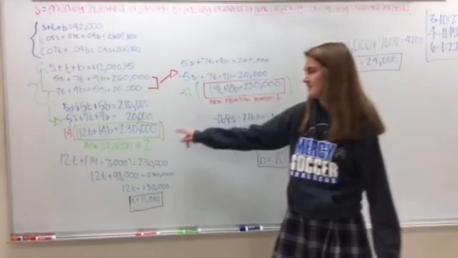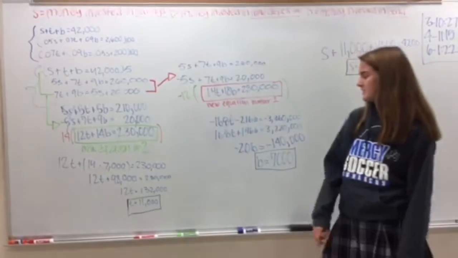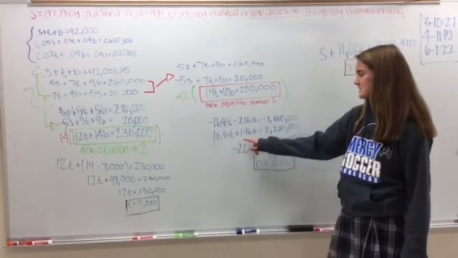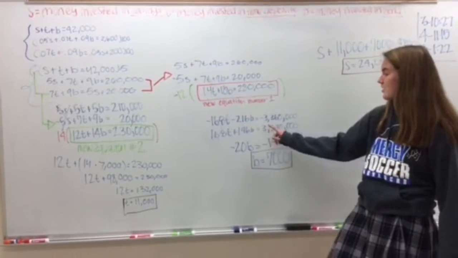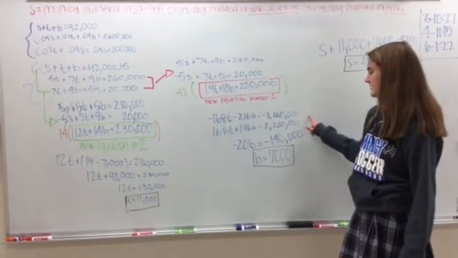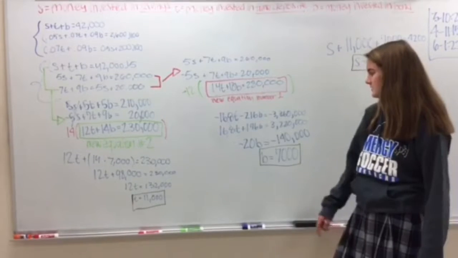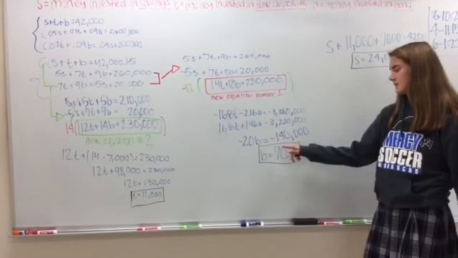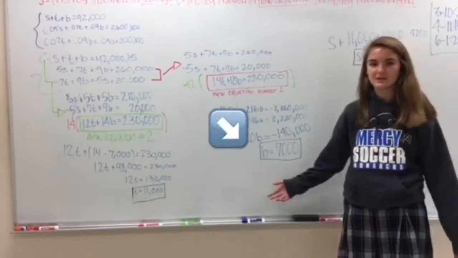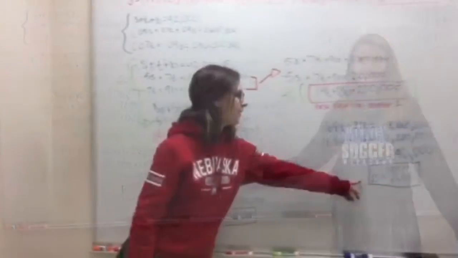And then this equation, when we multiply it by 14, we got 168t plus 196b equals 3,220,000. So when we cancel out the t's, we get negative 20b equals negative 140,000, and b would equal 7,000. So we just found out what b was.